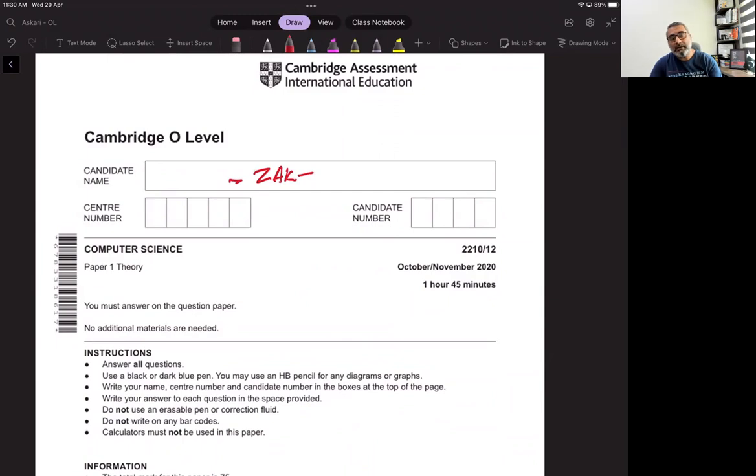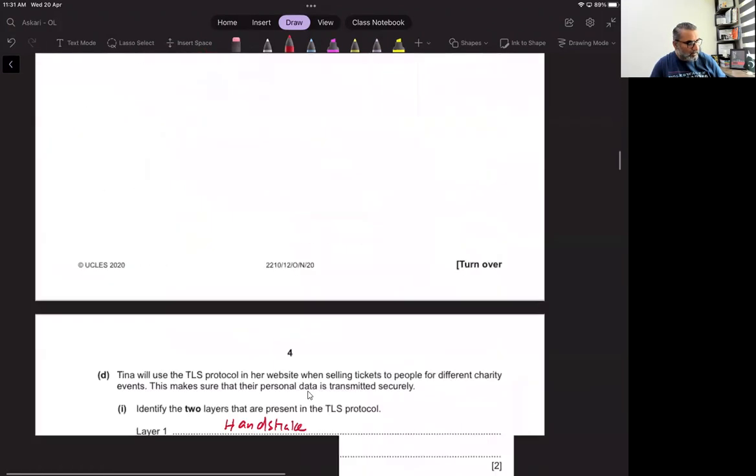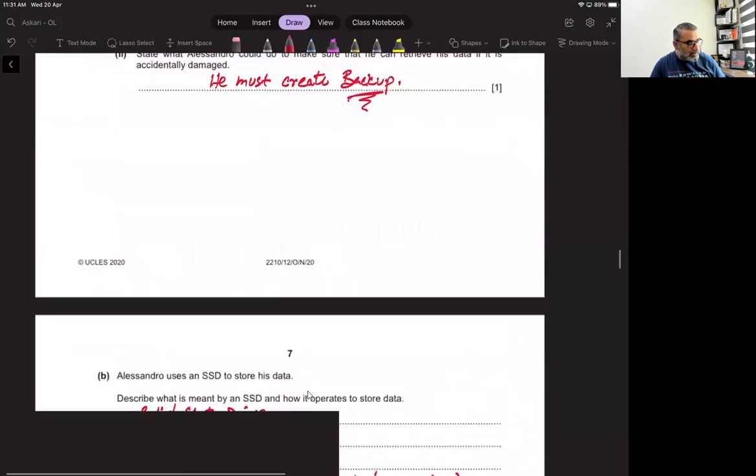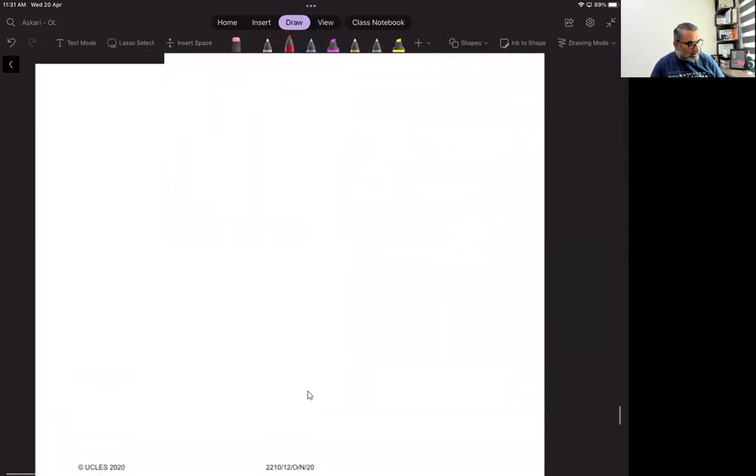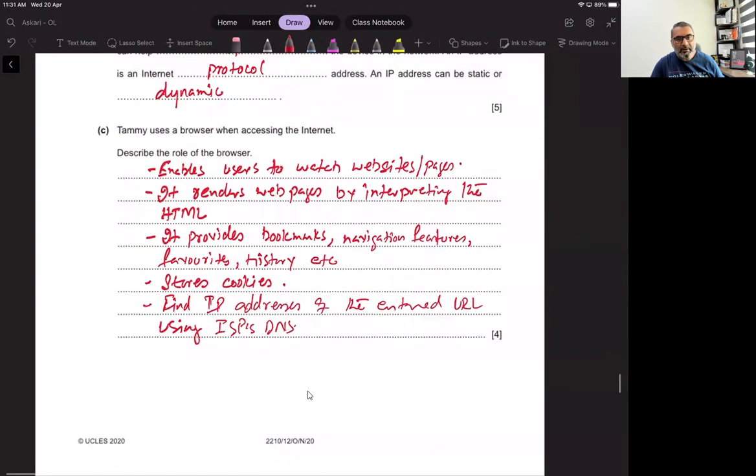I think that P1 is not that difficult, but you would have to actually prepare yourself well. The thing is that you have to understand the question first, because the most important thing is to understand the question. If you don't understand the question, you will never be able to answer it properly.